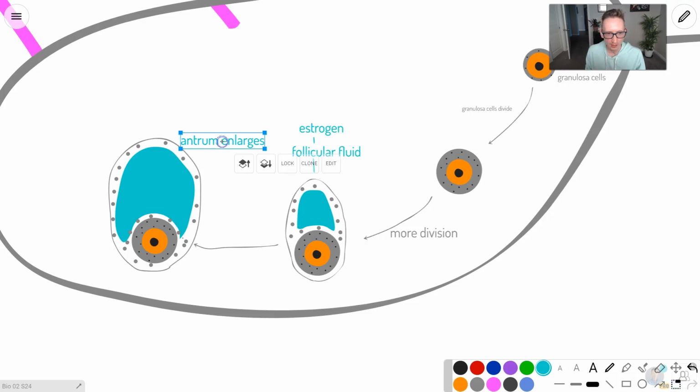and polar bodies are ejected. If you look now in this egg, these would be the polar bodies. I'll do them in this color, like that. So we have the polar body. This is the first round of meiosis. Remember in sperm?